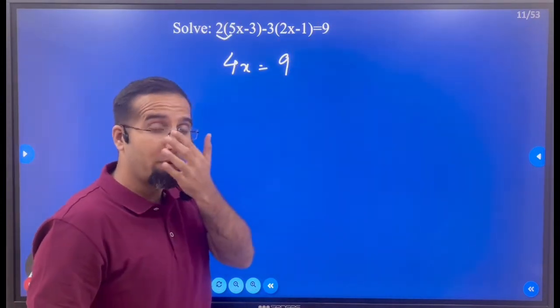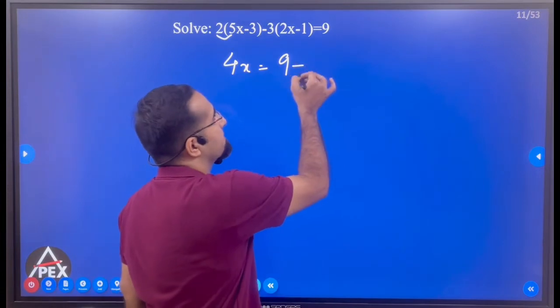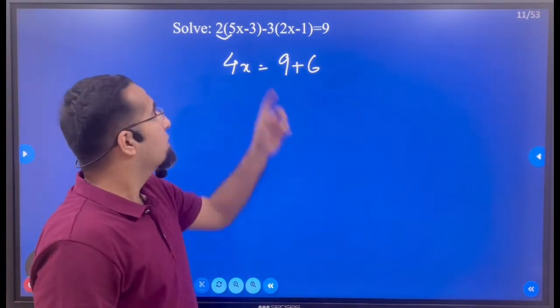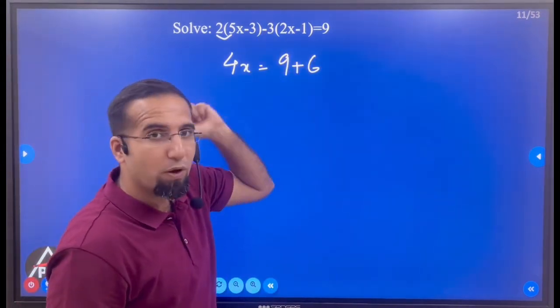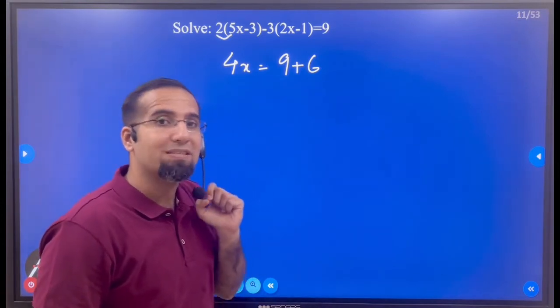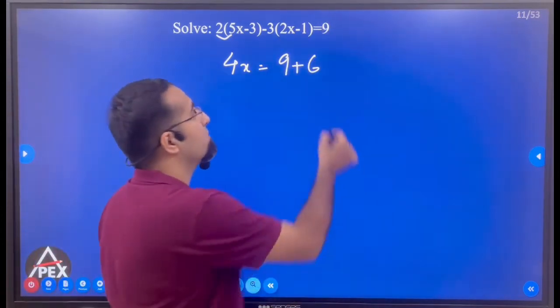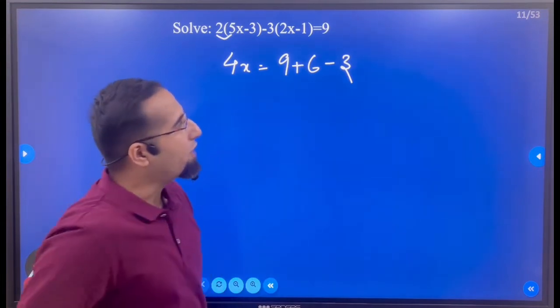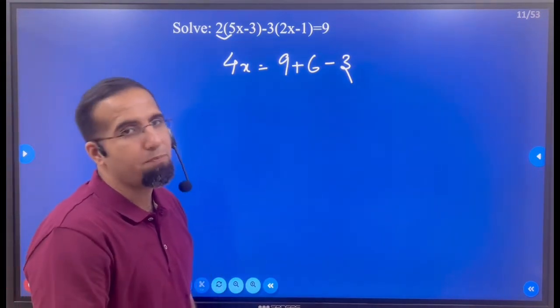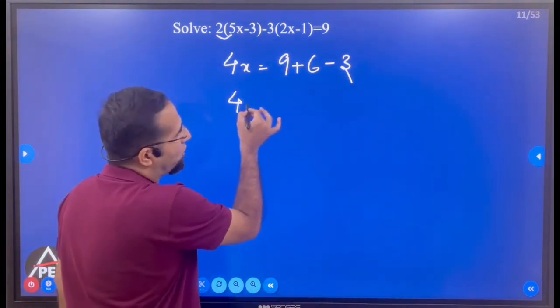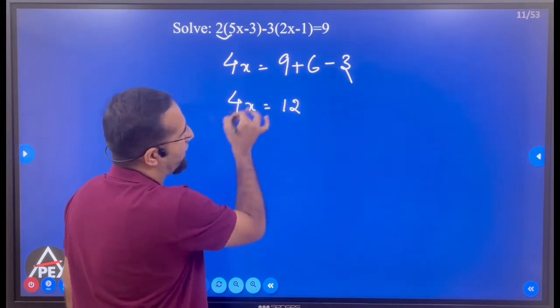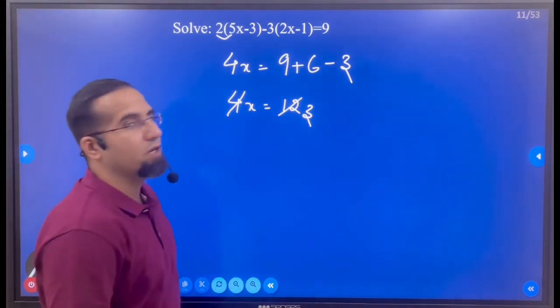Minus 6 goes on to my right, becomes a plus 6. Clear? Now this is a minus 3 into minus 1. Minus 3 into minus 1 is plus 3. Plus 3 goes to my right, becomes a minus 3. So 9 plus 6 is 15 and 15 minus 3 is 12. So in short, we have 4x is equal to 12, or the value of x is equal to 3.